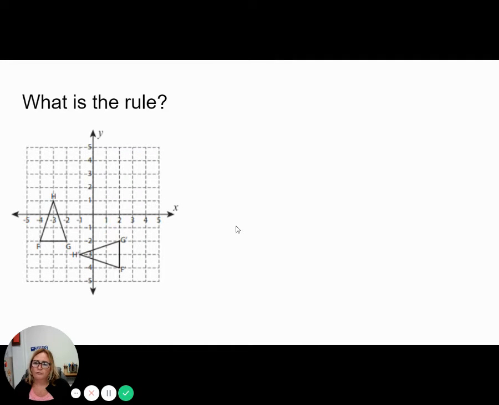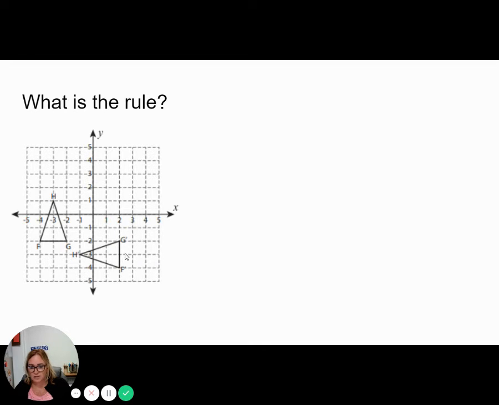So what is the rule for this? Again, we have to figure out how we got from our pre-image to our image. Which direction did we go? Is it clockwise or counterclockwise? And how many degrees did we go? Hopefully in this one, you've recognized that here's our original, we're over here. We are moving in a counterclockwise direction, and we are moving 1 quadrant.